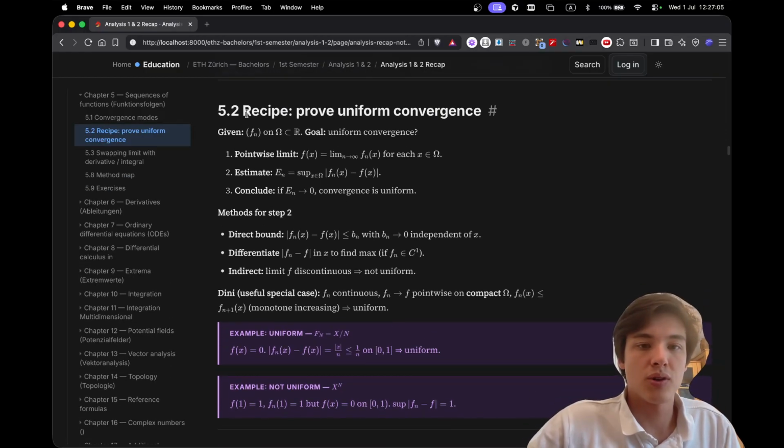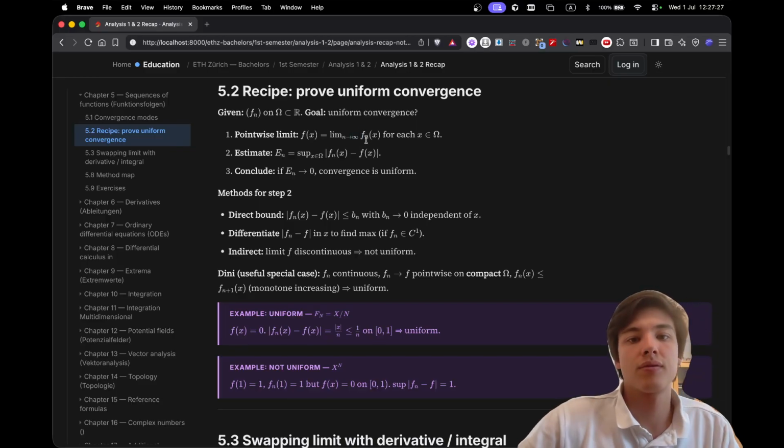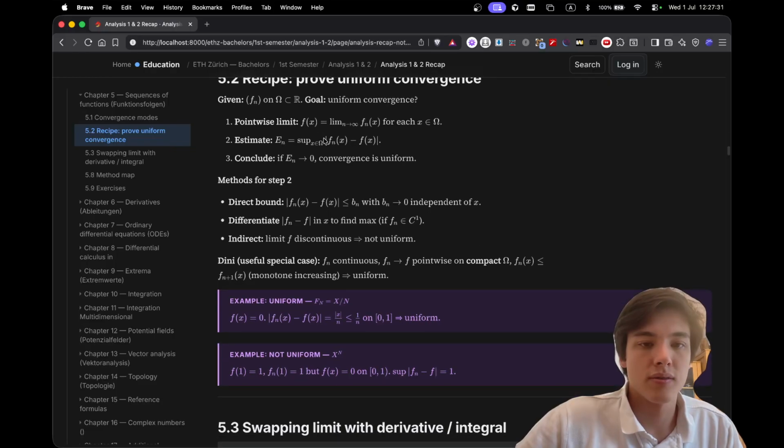Okay, how do we prove uniform convergence? Given fn and omega, we want to test if it's uniformly convergent. So we check the pointwise limit, and then we estimate the difference.